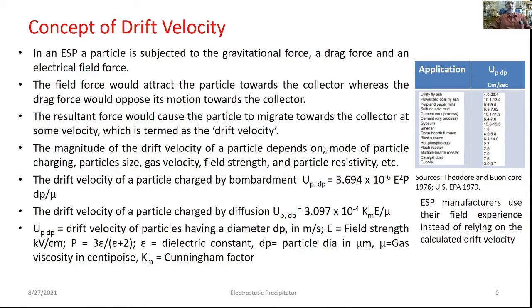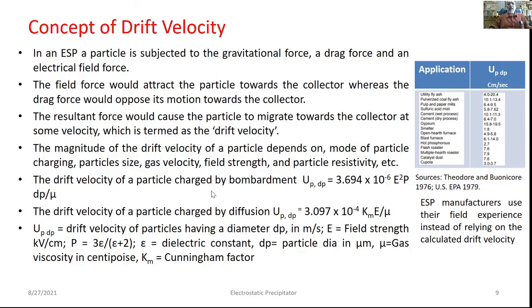The magnitude of this drift velocity would depend on the mode of particle charging, the particle size, the velocity of the gas, the field strength, and also the particle resistivity.